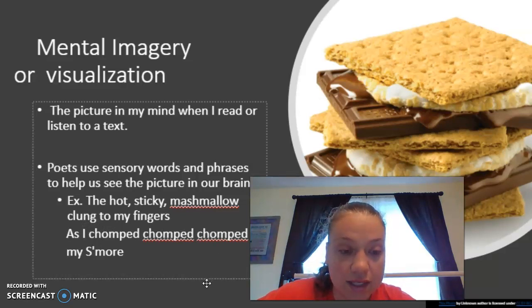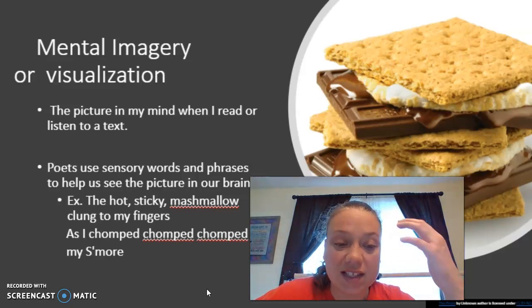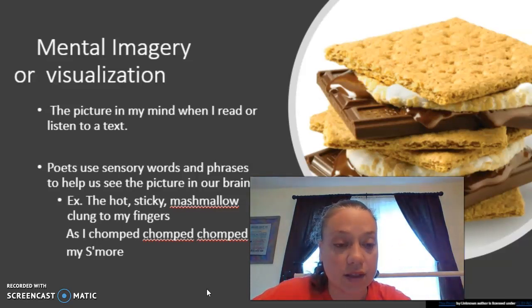When I see hot and sticky, I know those are sensory words that work on the feel, and some of the taste too. Sometimes when we eat something that's sticky, we can taste the sugar in it. And then chomped, chomped, chomped, you can actually hear someone eating a s'more, the graham cracker.